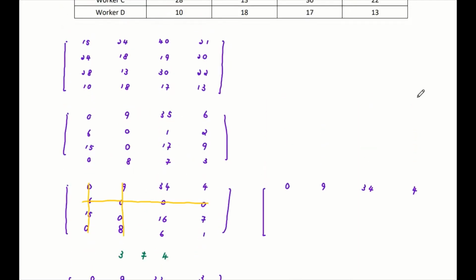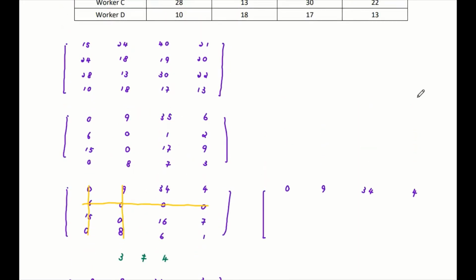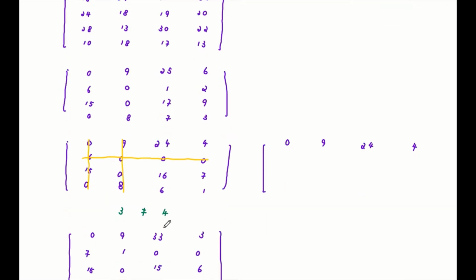Is it 34? Oh, sorry, my mistake here. This should be 25. This is 2. Okay, 40 minus 15. My mistake. Okay, so this is 23.